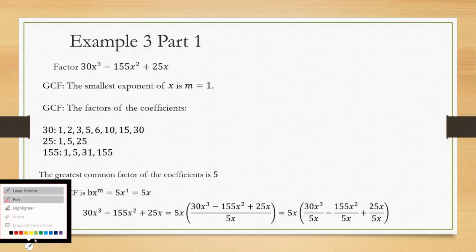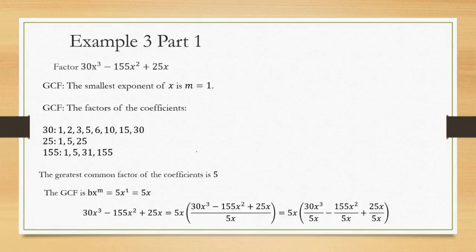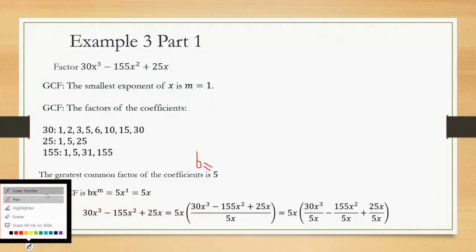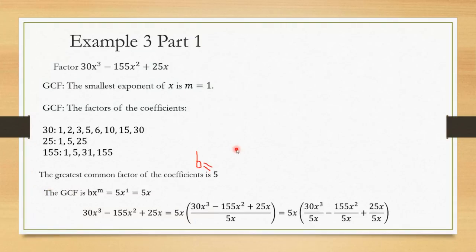So as you can see, the greatest common factor among the coefficients, looking at these lists, is 5. 5 is the biggest common factor. So that tells us B is 5. The GCF then is 5 times x. M is 1, remember, so it's 5 times x to the 1, which is just 5 times x.